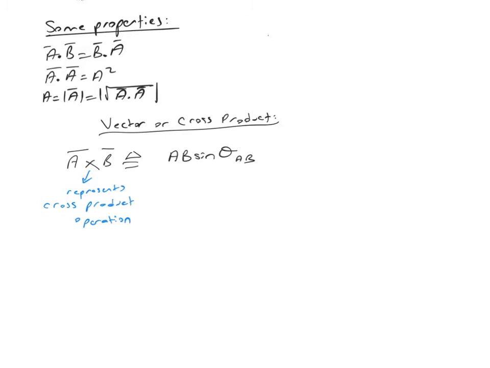The unit vector that belongs to the cross product operation is denoted by A sub n, and n represents the word normal here. And the next question is, what is the direction of unit normal vector A sub n?